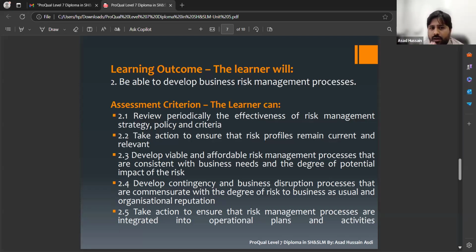These risk management processes should be viable and affordable, and along with that, specific to their organization's business needs and the potential impact of the risk their organization can face. So they have to give narration and explanation on that.